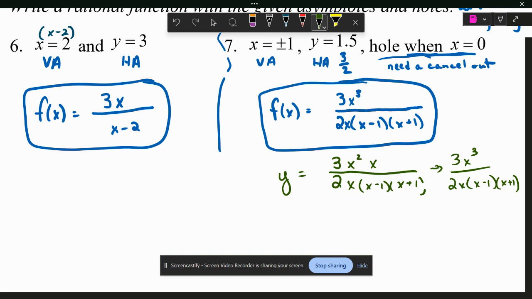And then if you needed to, you could simplify your bottom and you would get an x cubed. In fact, I can do that for you right now to show you. This would be 3x cubed. This would be 2x times x squared minus 1, which then becomes 3x cubed over 2x cubed minus 2x.